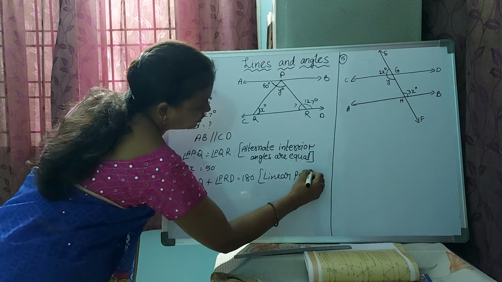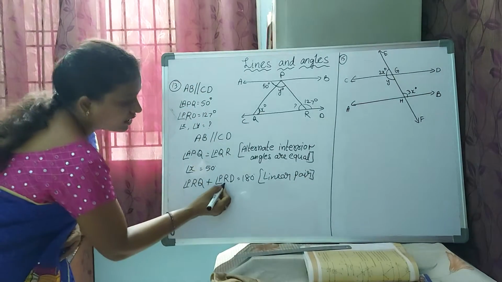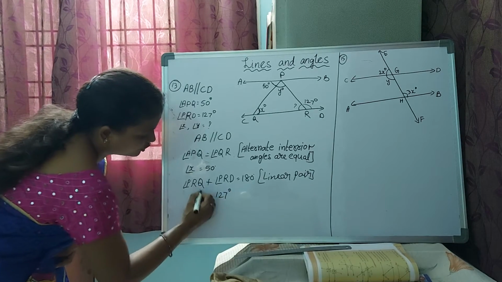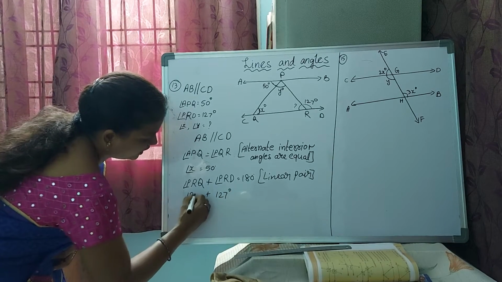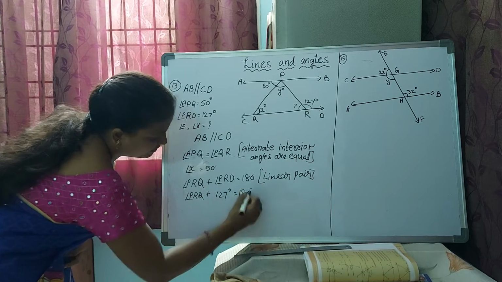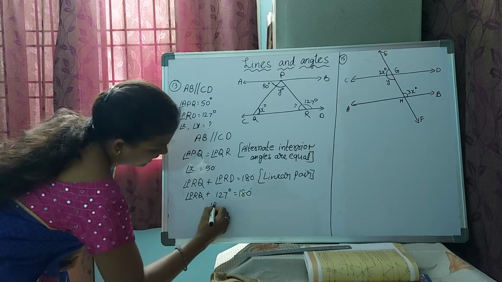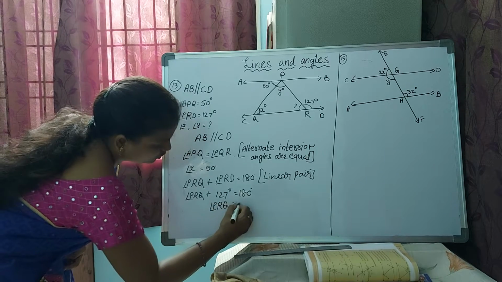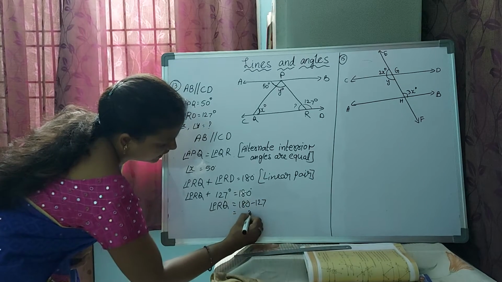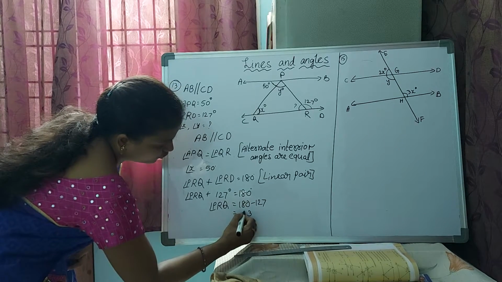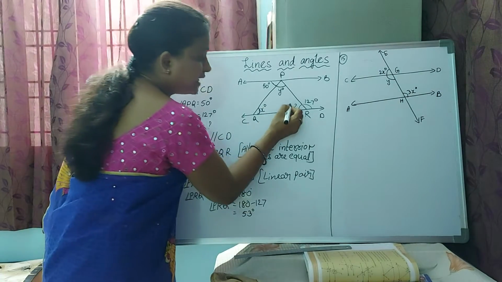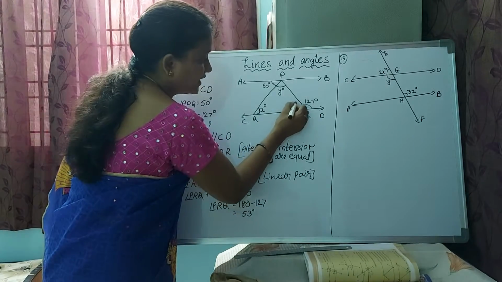We already knew angle PRD is equal to 127 degrees. So transpose this 127 to the right hand side. Angle PRQ is equal to 180 minus 127, so 53 degrees. This angle is 53 degrees.